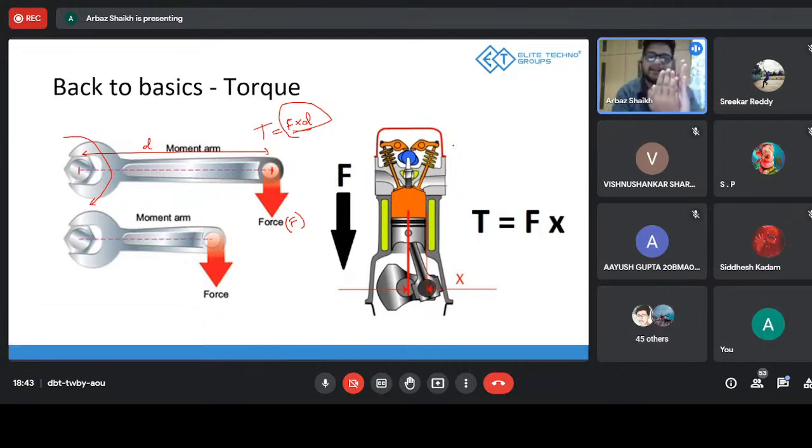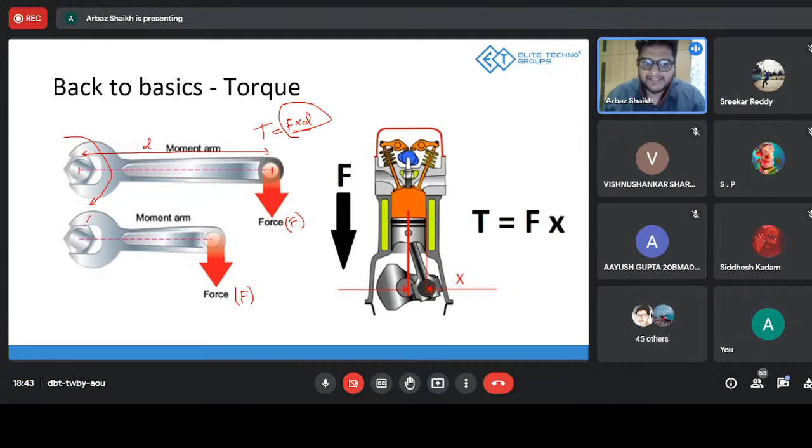The reason is that if you push the door closer to the hinge, you would need to apply a higher amount of force, because your distance will be smaller, which is what we are seeing in the second image. If I take the smallest spanner, the force is the same. We'll keep the force the same.